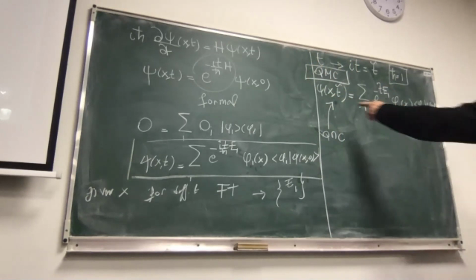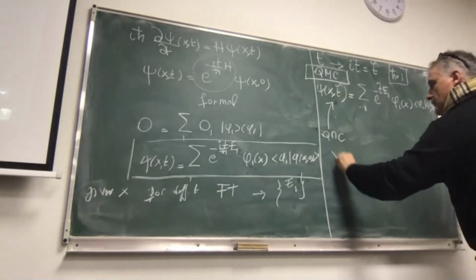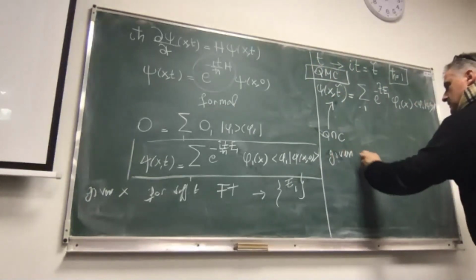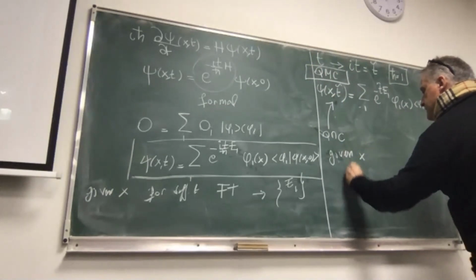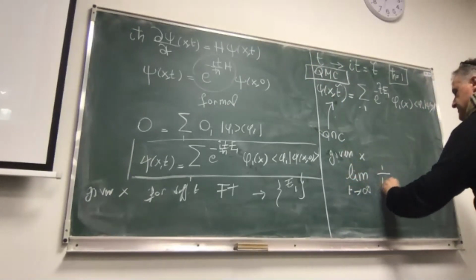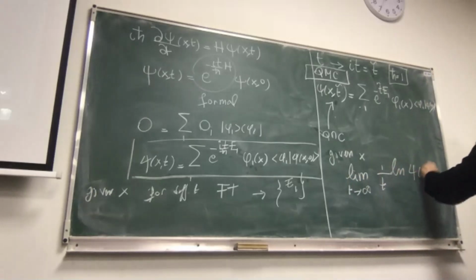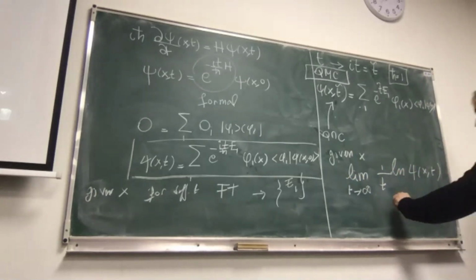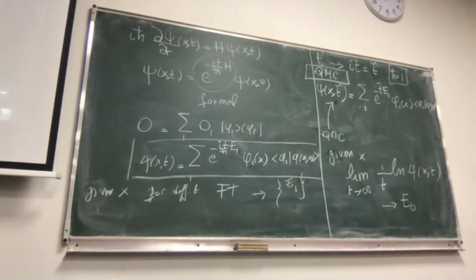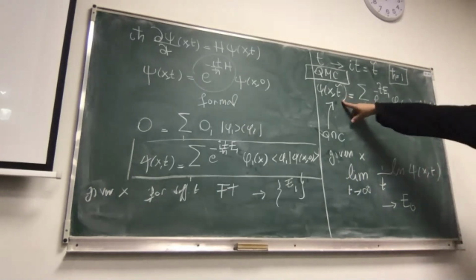For example, if you are able to compute that for a given x, the limit as t goes to infinity of minus 1 over t times the logarithm of psi x of t will give you an estimation of the ground state energy. This is the kind of manipulation you can do in order to compute the exact ground state once you have been able to compute that.